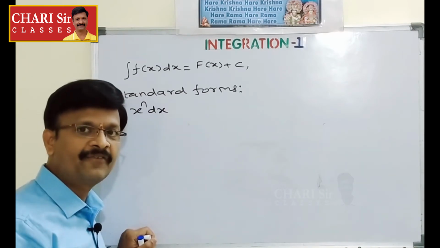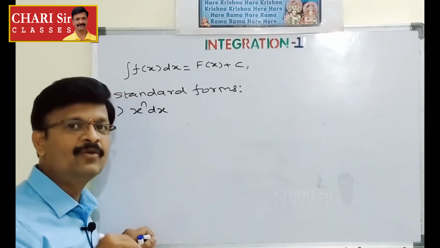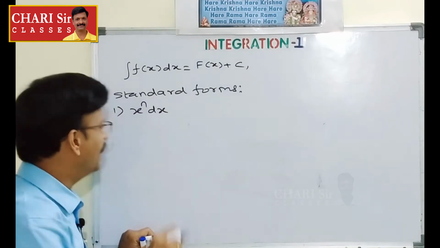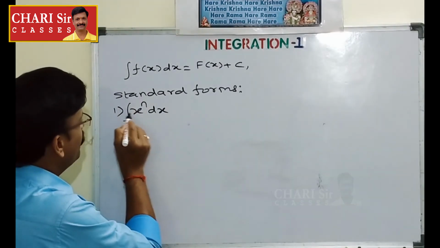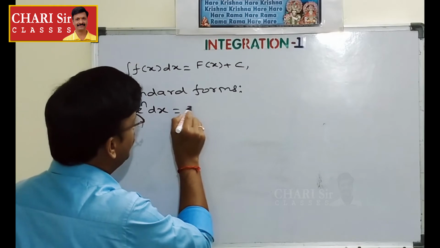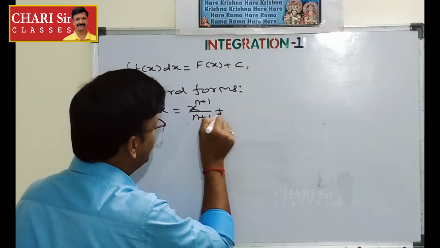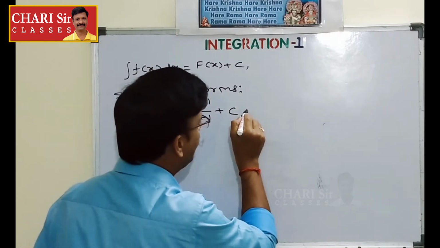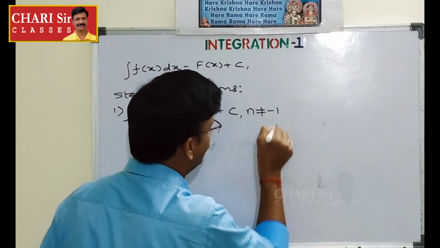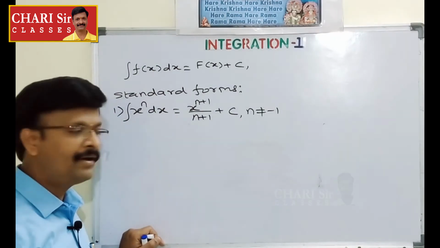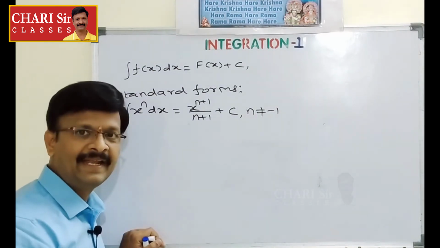There, d by dx of x to the power of n is n into x to the power of n minus 1. Here, integration of x to the power of n is x to the power of n plus 1 by n plus 1 plus c. Where n, sir, what is n? n is not equal to minus 1. n can be any number, but n is not equal to minus 1.